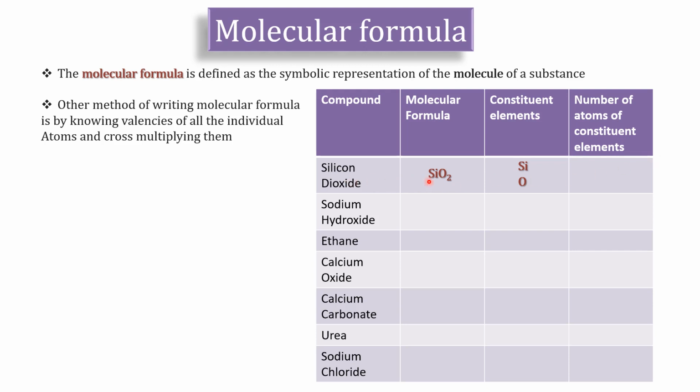How many silicon atoms are there? There is only one. And how many oxygen atoms are there? There are 2 oxygen atoms. So this is how you solve this table, and if you find it very interesting, you can go on writing all the compounds that you know and fill up all the details of that.